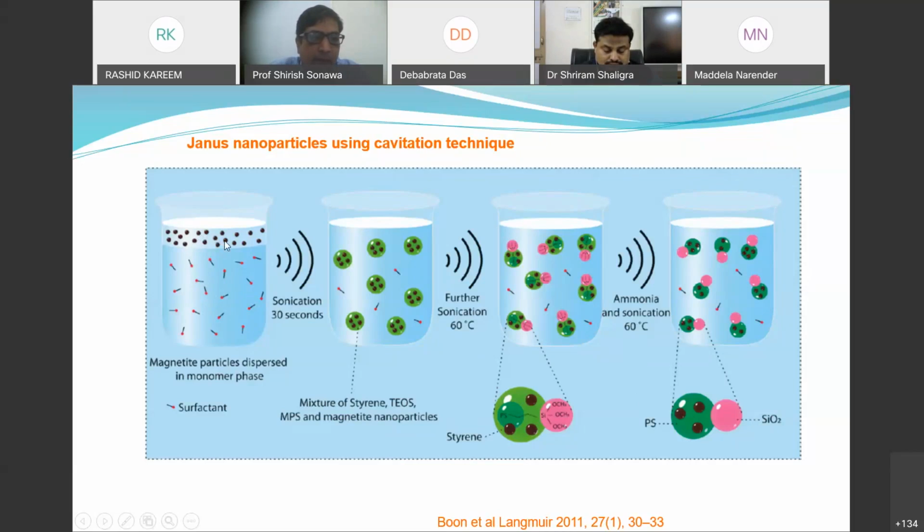These magnetic particles initially need to be functionalized first, and then they will remain in the organic phase. Otherwise, they will go into the aqueous phase. So you can carry out sonication at high wattage, maybe around 450, with a probe sonicator. These magnetic particles are going to go inside the monomer phase.